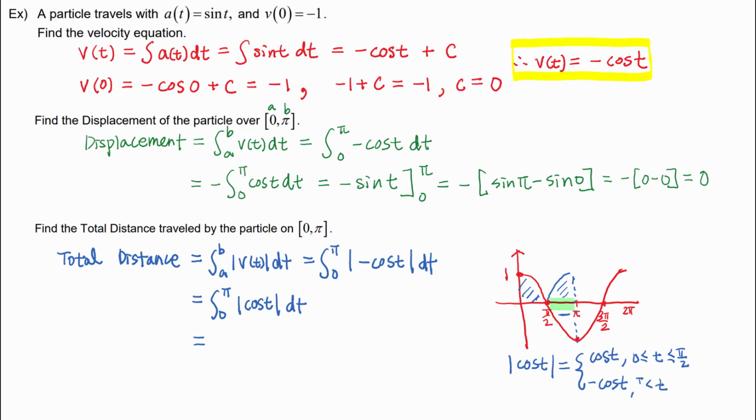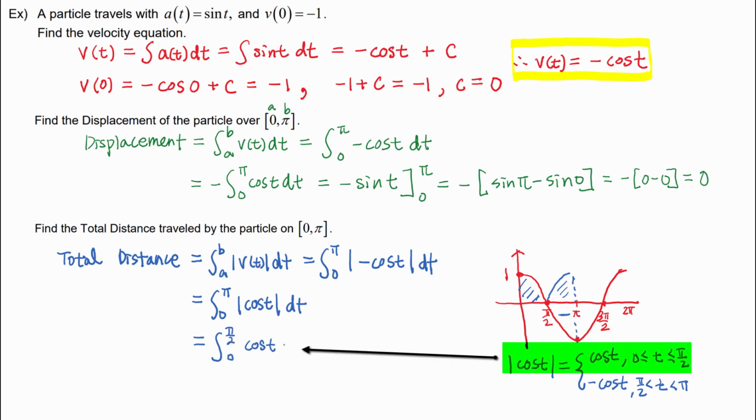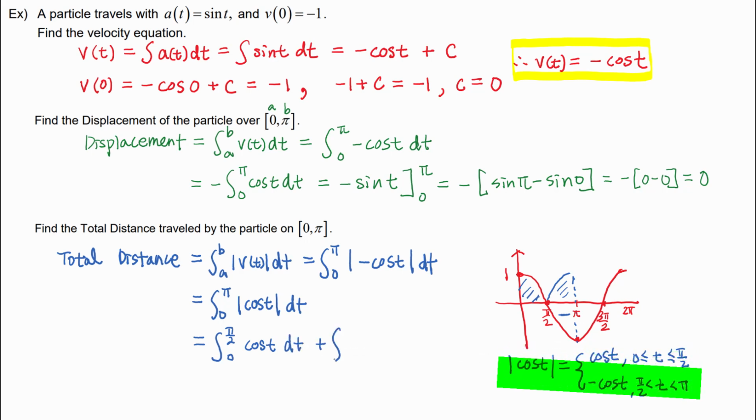So for t from pi over 2 to pi, it is the opposite of cosine t. So we have to split this to integrate from 0 to pi over 2. It is cosine t, since in that time interval the cosine function is positive. And from pi over 2 to pi, because the cosine function is negative there, it is negative cosine t dt.